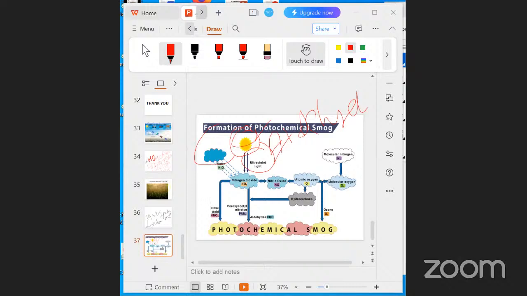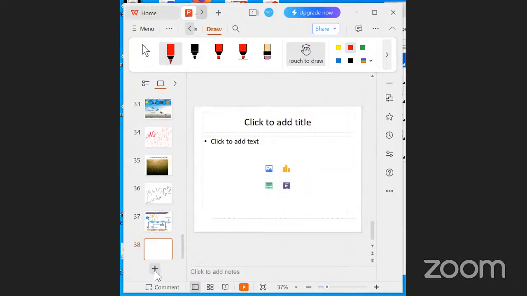In the morning, nitrogen is burned or oxidized when released from automobiles to form nitric oxide in an oxidation step. Nitrogen plus oxygen forms 2NO. It's called nitric oxide.